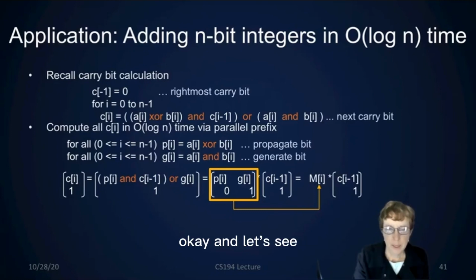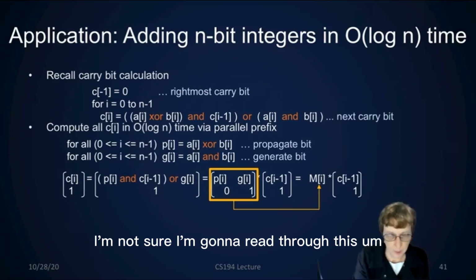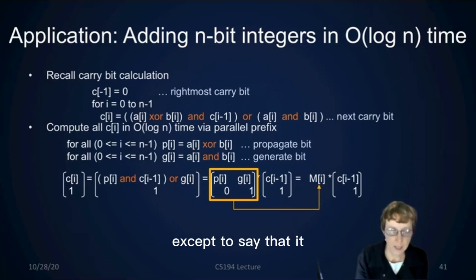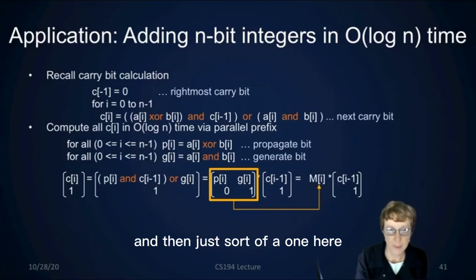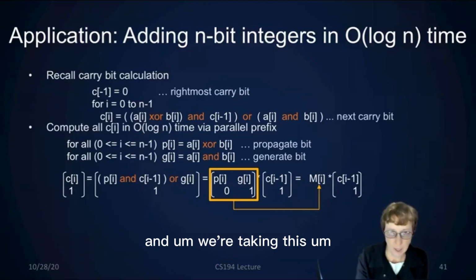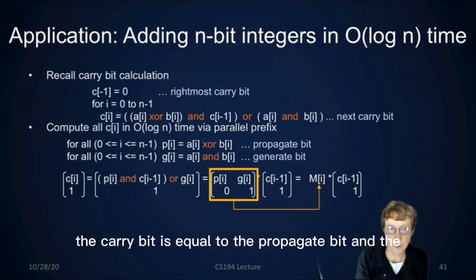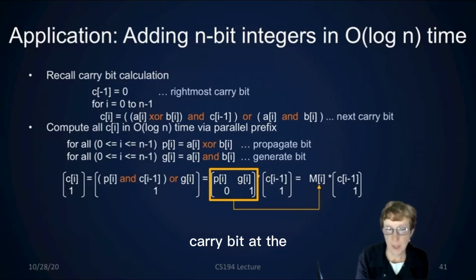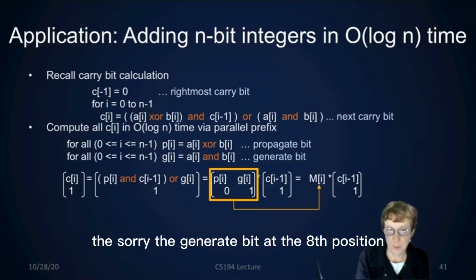Okay, I'm not sure I'm going to read through this, except to say that it very much looks like Fibonacci in that we're computing both C of I and then just a 1 here. We're taking this expression of the carry bit as equal to the propagate bit and the carry bit at the I minus first position, or the generate bit at the ith position.